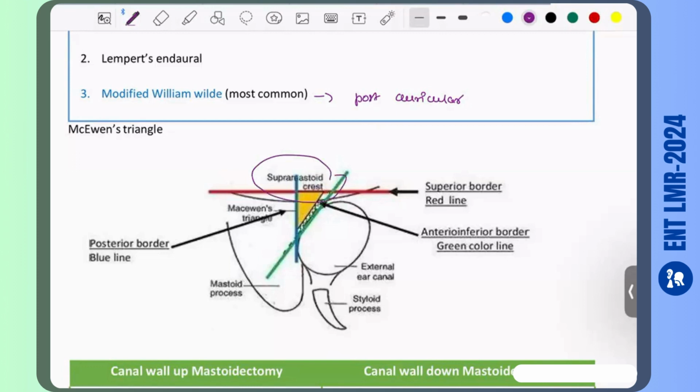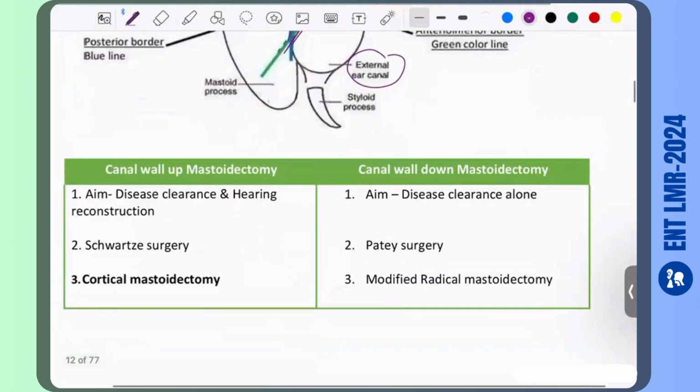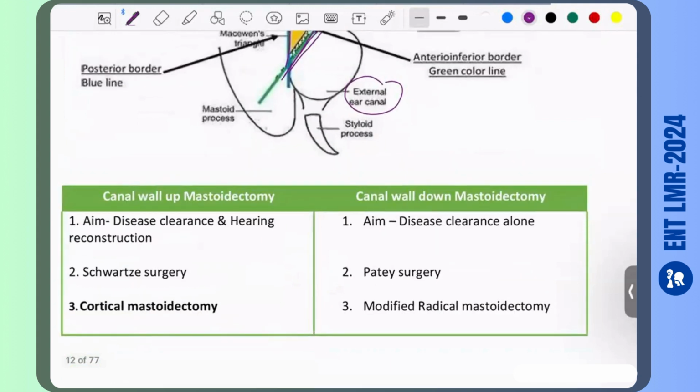Then a line along the posterior wall of the external auditory canal. Then a tangent joining these two lines. So three lines: the supramastoid crest line, the posterior canal wall line, and an imaginary line joining these two. This forms a triangle. If you do bone drilling along this triangle, you will reach the mastoid antrum, which gives adequate ventilation. That is very important. McEwen's triangle. Canal wall up mastoidectomy and canal wall down mastoidectomy are the two types of mastoidectomy.